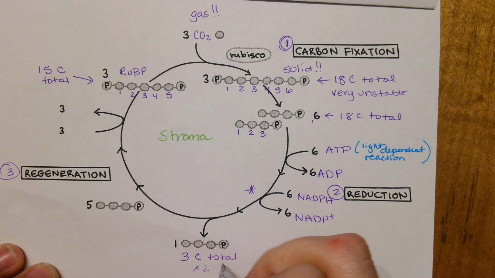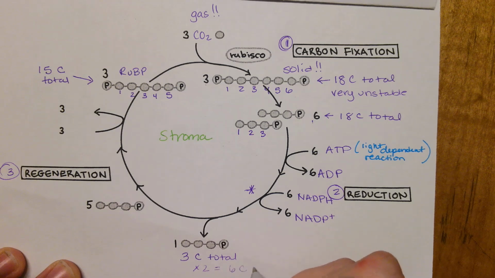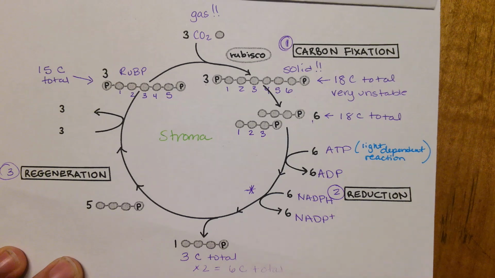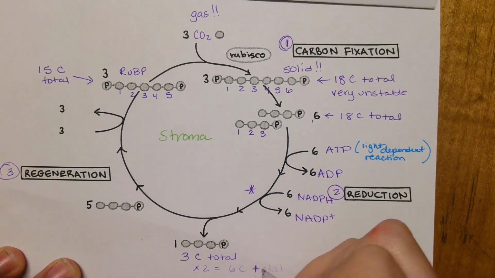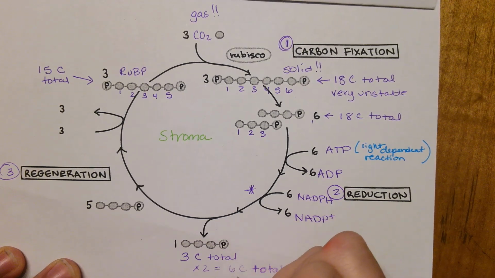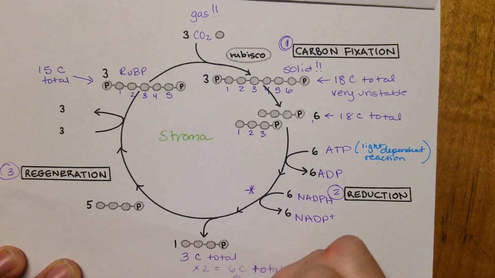Got to do another cycle, and then we're going to get to equal 6 carbons total, which is our glucose.